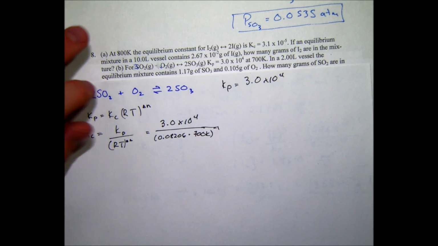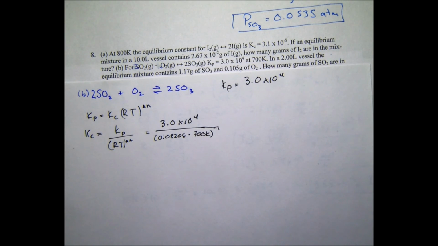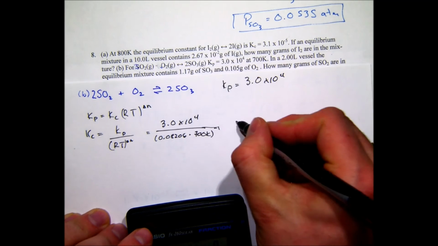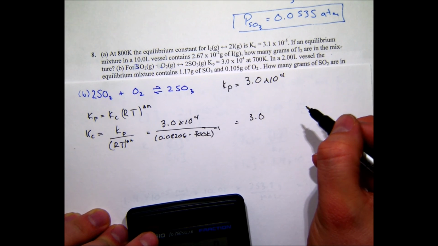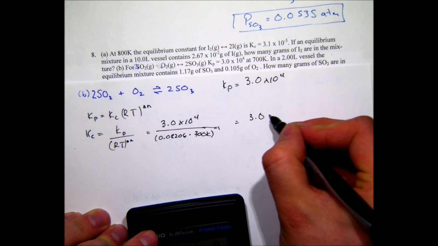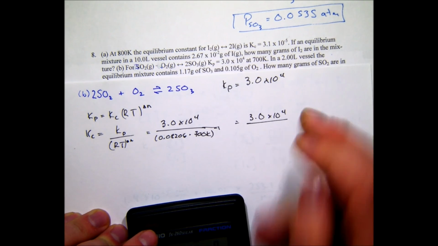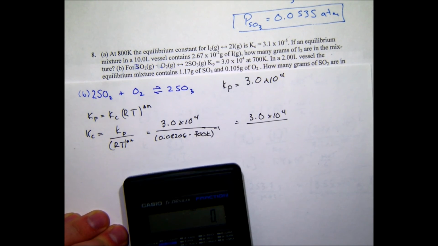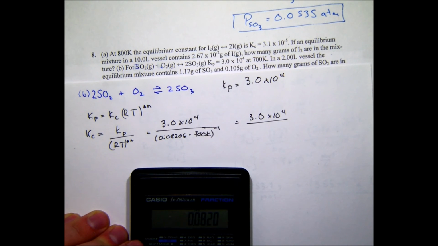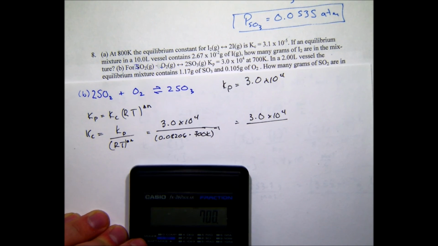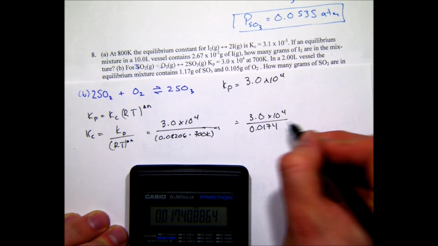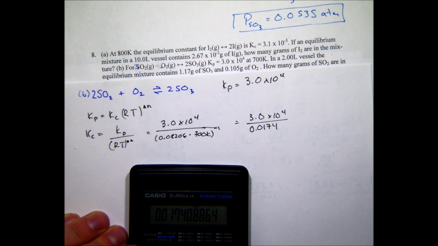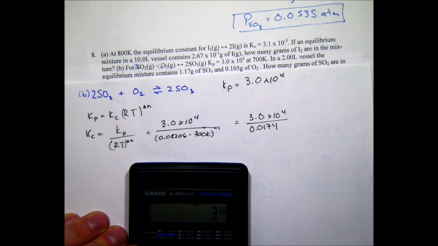So we're going to have to solve that equation, and we'll do this in steps. 0.08206 times 700 Kelvin to the negative 1. So 3 exponent 4.